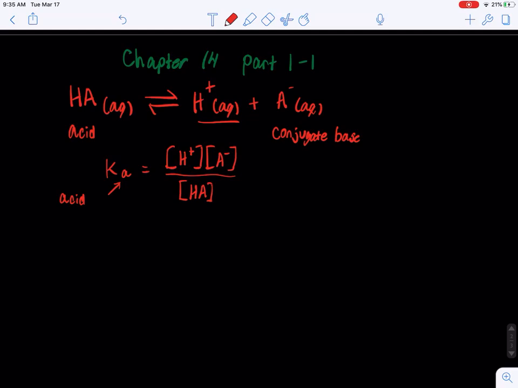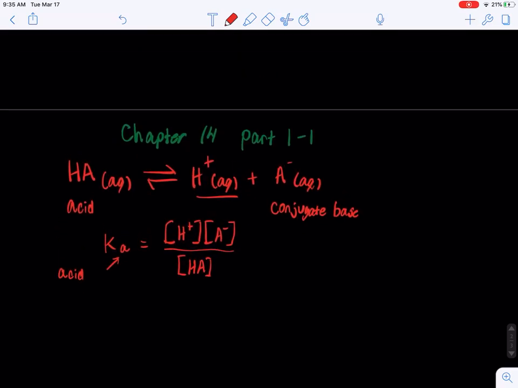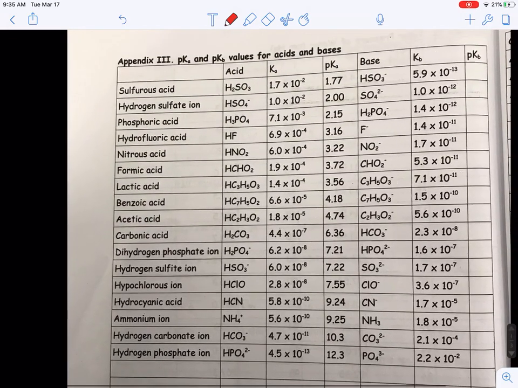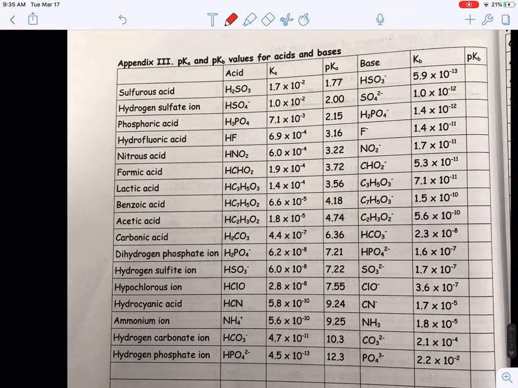So one of the things you can do is look at Appendix 3, which lists out the Ka values for your different acids. So the Ka value for lactic acid, for example, is 1.4 times 10 to the minus 4.